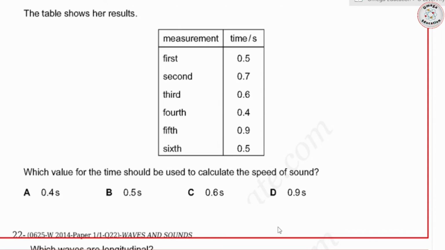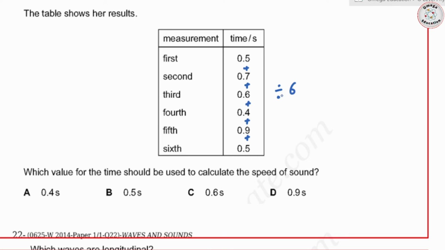All right, so we don't use any of these values, rather we find the average value. So we have this one plus this one plus this one plus this one plus this one, and whatever the answer is, we divide it by 6.